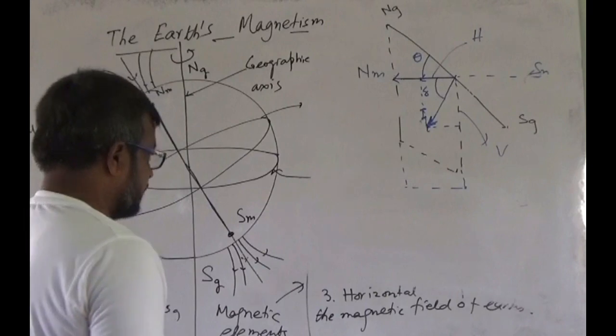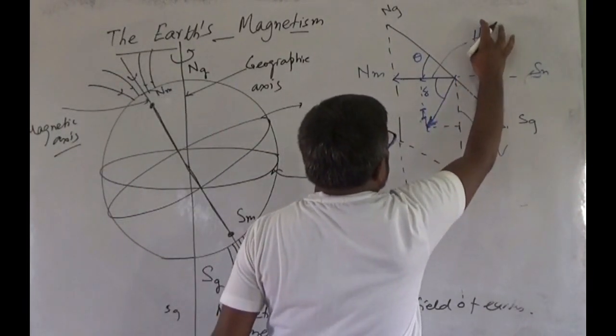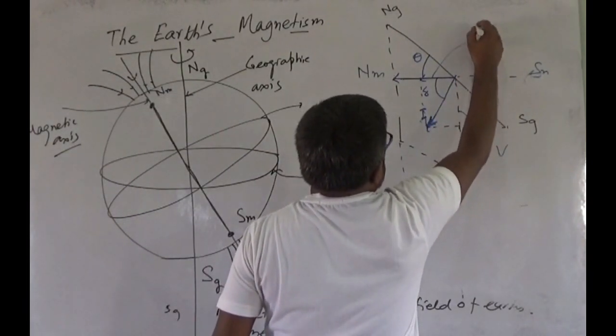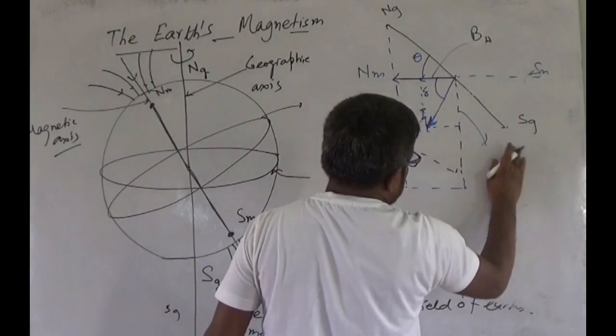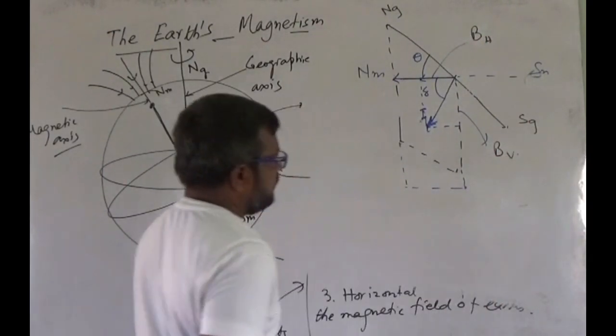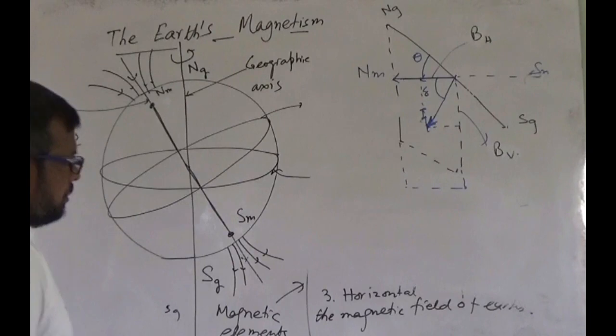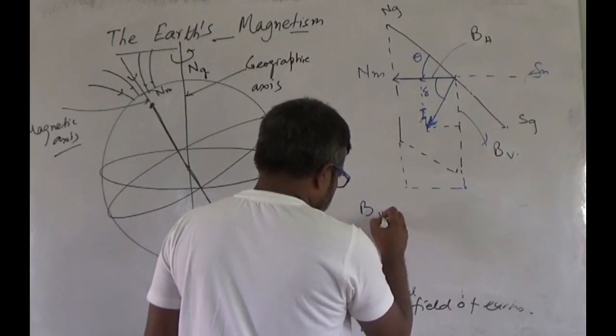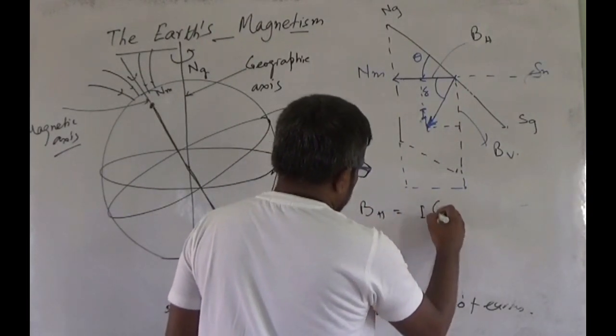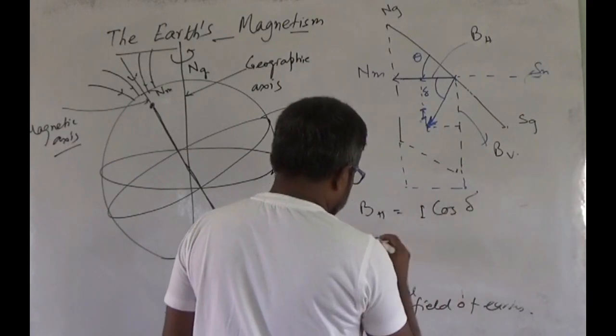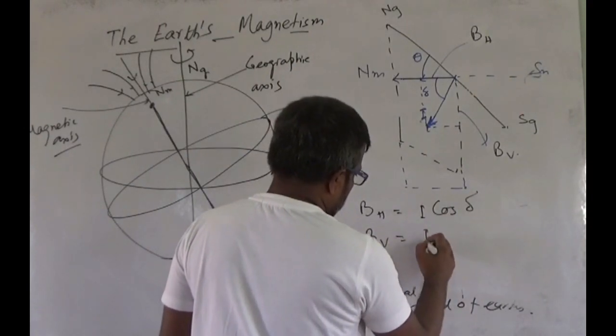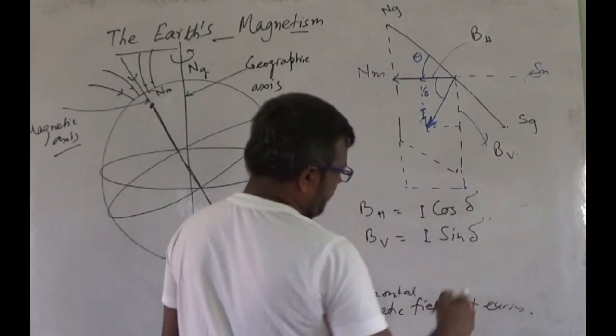This can be written as H, or you may also write this as BH, and this is BV. Now, you can write BH equals to I cos delta and BV equals to I sin delta.